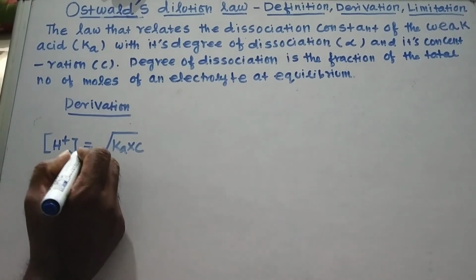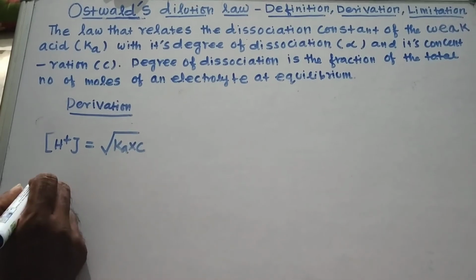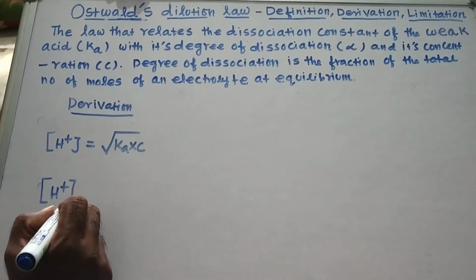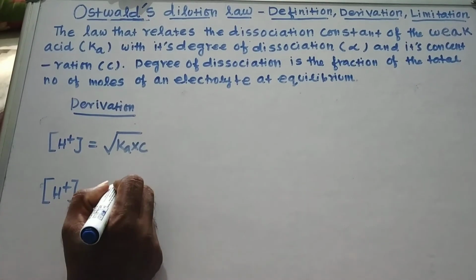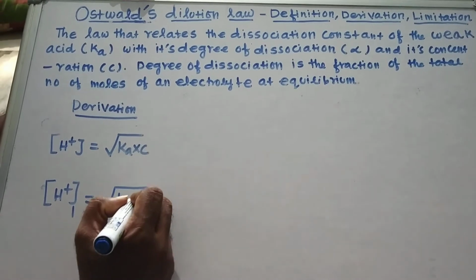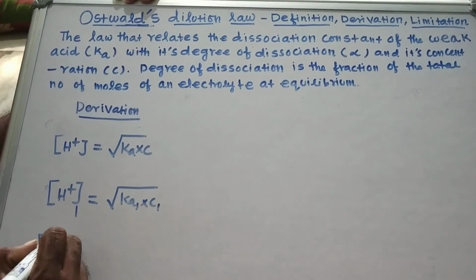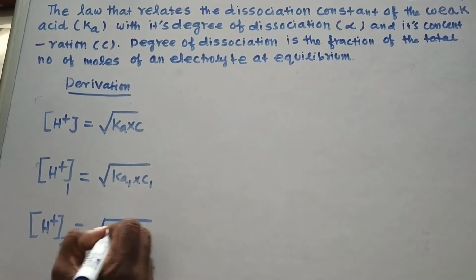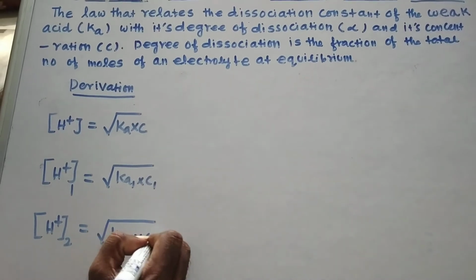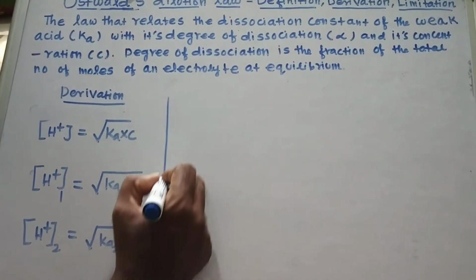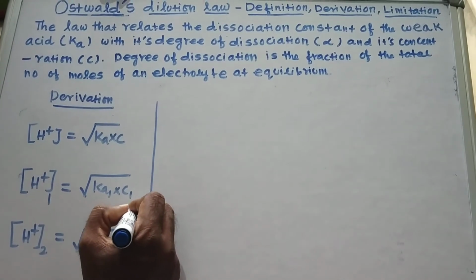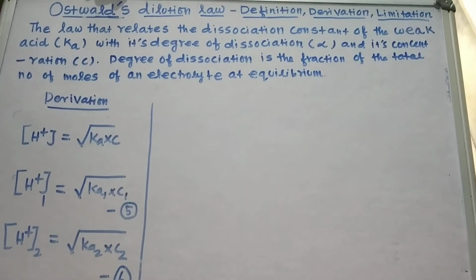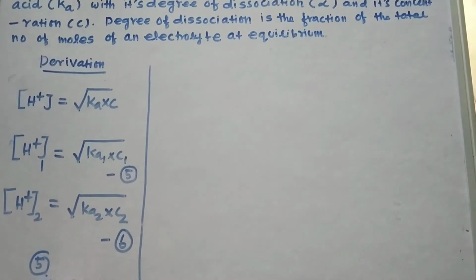Concentration of H plus ion is equal to square root of Ka into C. Then let us consider two conditions. Concentration of H plus ion 1 is equal to square root of Ka1 into C1. Then concentration of H plus ion 2 is equal to square root of Ka2 into C2. Then this is equation number 5, and also this is equation number 6. Now equation 5 divided by 6.